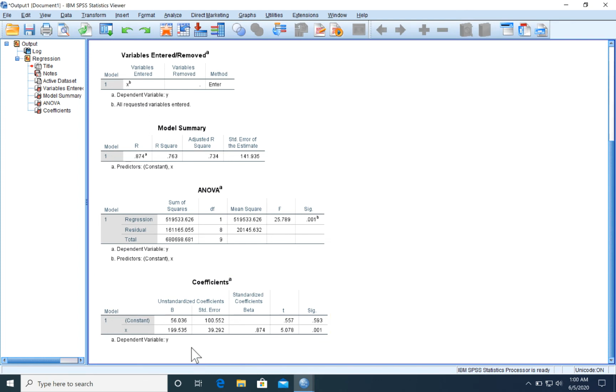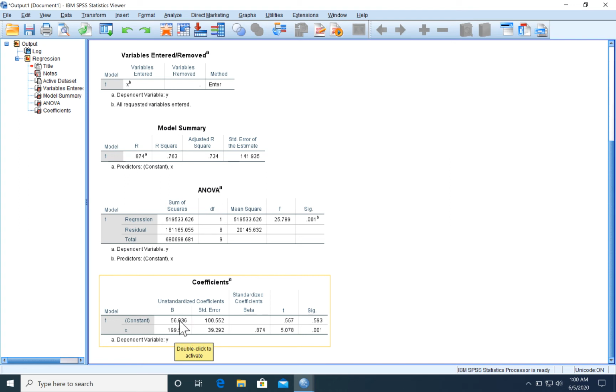Basically it's telling us that the constant term is 56.036. The coefficient of x, which is the slope, is 199.535.